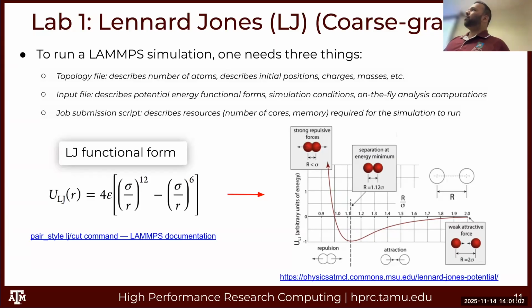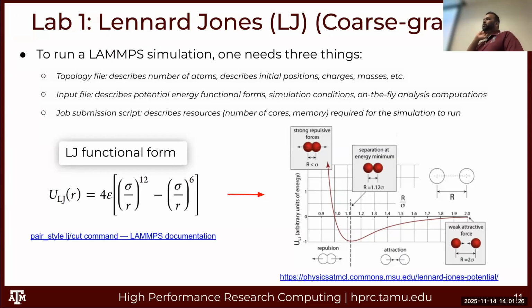It's also used widely for many systems. The same functional form will apply. The only thing that will keep changing is the epsilon values, the sigma values, and things like that, depending on the atom types that you're looking at. Let's say you have two atoms that are interacting with each other, but they're entirely different atoms.